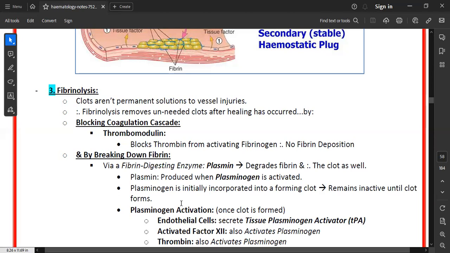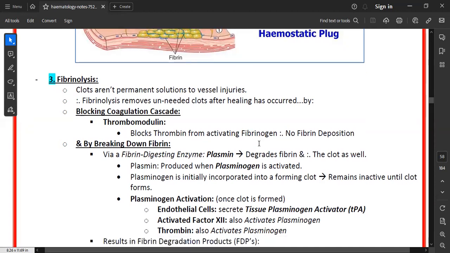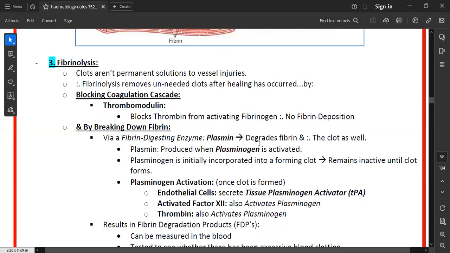So the first step is blocking of the coagulation cascade. This can be done by thrombomodulin. This is a factor that blocks the thrombin from activating fibrinogen. So that stops the deposition of fibrin. Then once you've stopped the coagulation cascade, the body starts breaking down the fibrous clot.